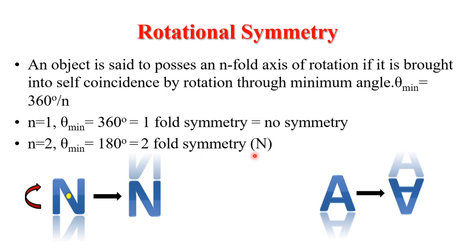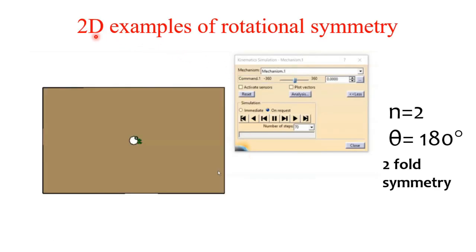Now, let's apply this concept of rotational symmetry to two-dimensional geometries like the rectangle, equilateral triangle and polygons. First, I have taken a rectangle. This rectangle will come into self-coincidence when it is rotated through 180 degrees. Thus, a rectangle possesses two-fold rotation symmetry.